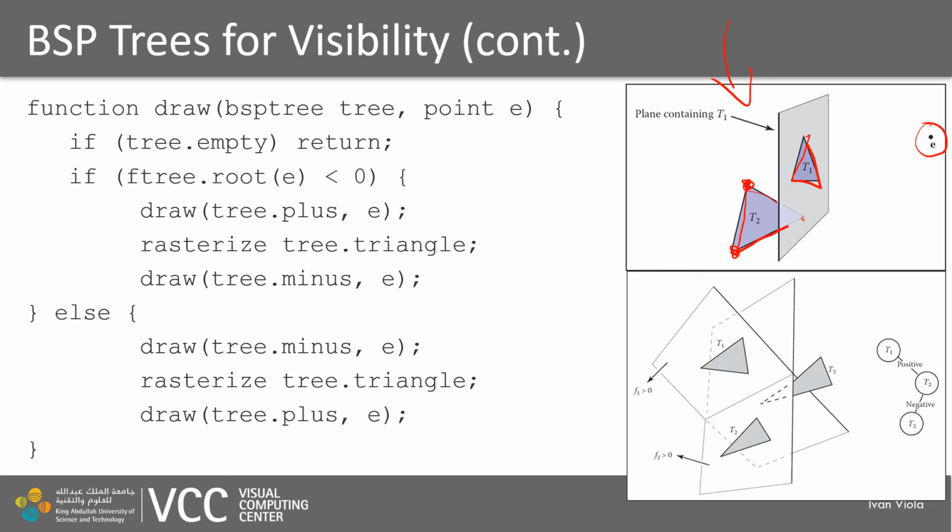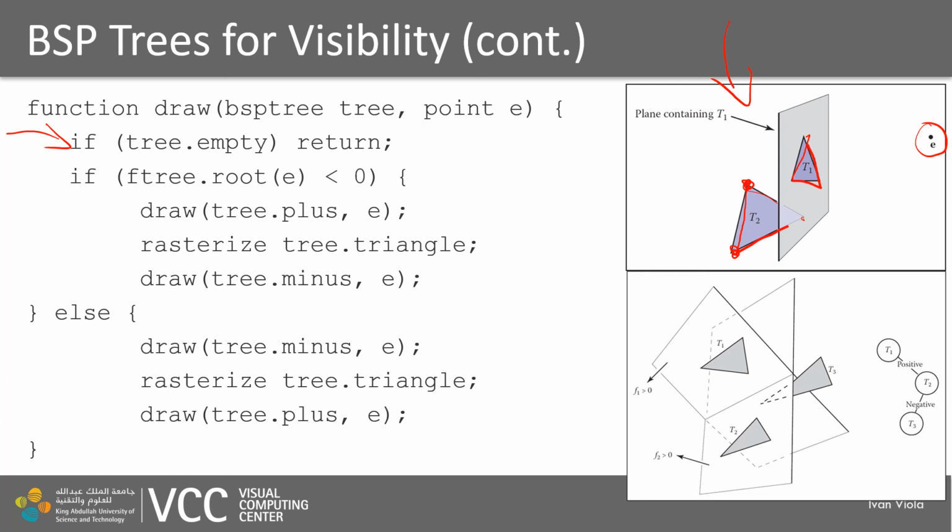So let's say we have the scene prepared in this way. And how do we then perform the rasterization? Well, if the tree is empty, then there is not much to do.